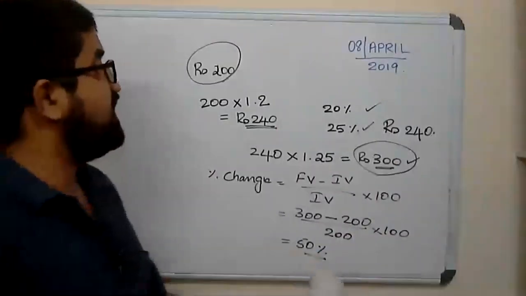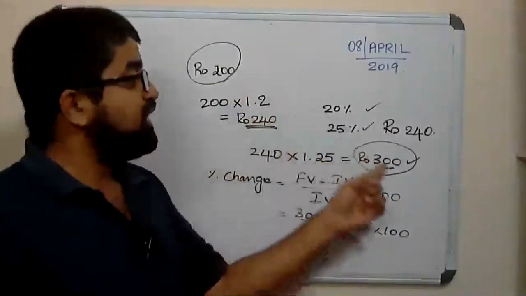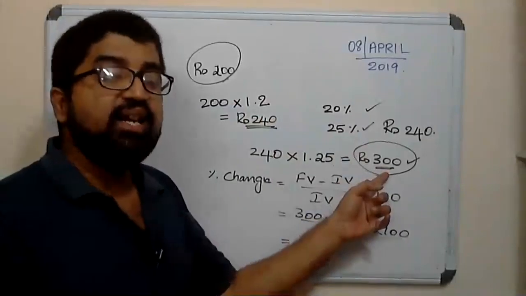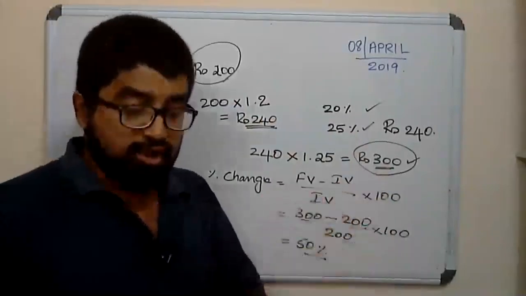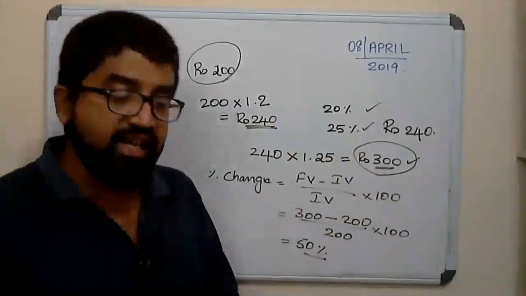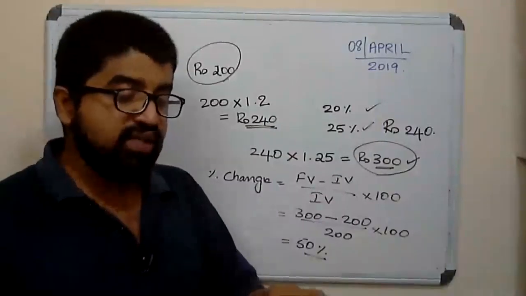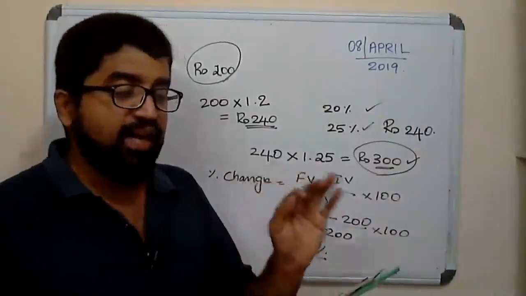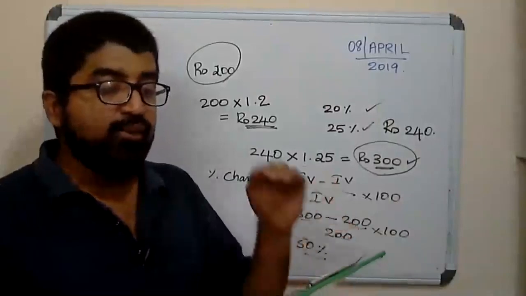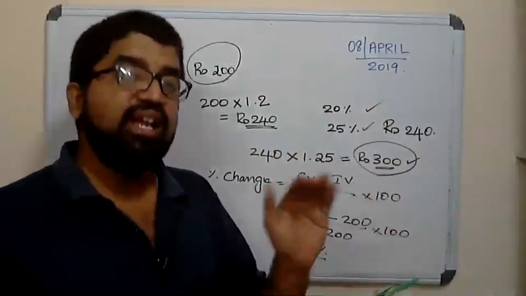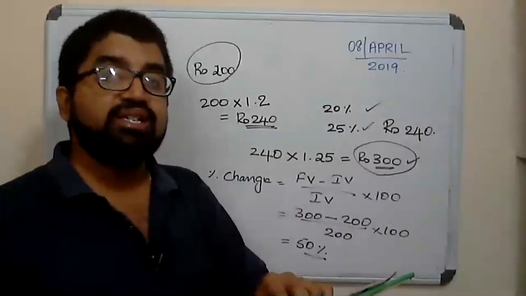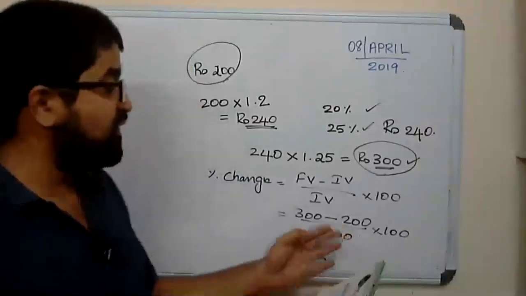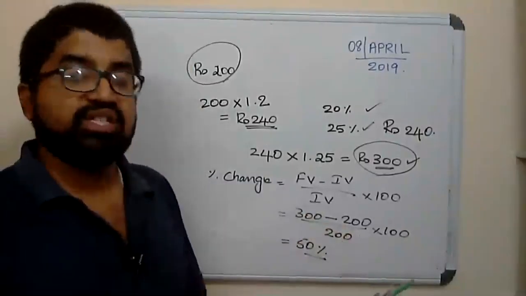When the initial amount 200 increases and becomes 300, it corresponds to a 50 percentage increase. So for our first question, the final value of money in his wallet will be 50 percentage greater than the initial amount. That will be the final answer for our first question.